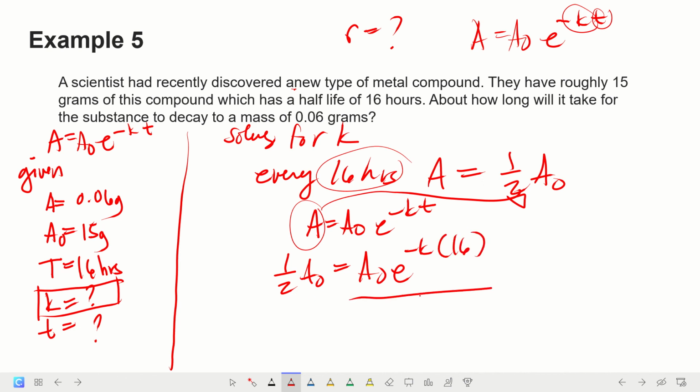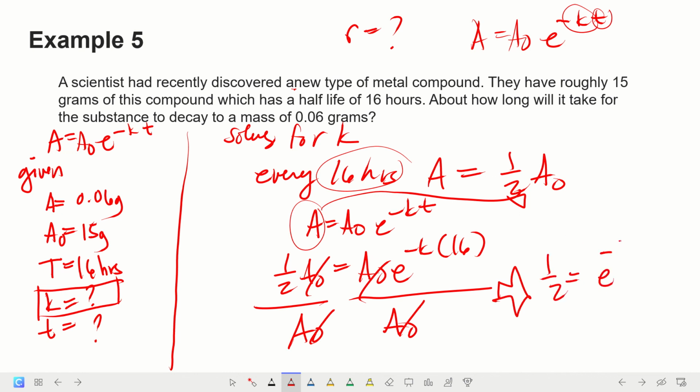So, divide both sides by a sub o. So, we'll have 1/2 is equal to e raised to negative 16 times k.